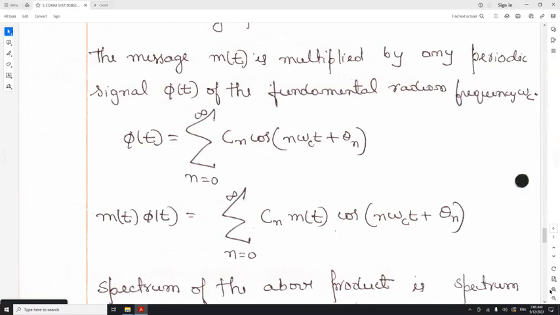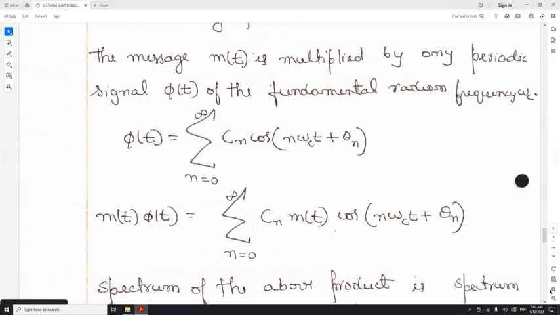Why is the Fourier series representation there? If you want to mathematically write your periodic wave, the only way to represent it is the Fourier series. That's why I am writing a periodic signal phi of t, which is represented in the form of a Fourier series. Now I said it is possible to generate a double sideband suppressed carrier wave.